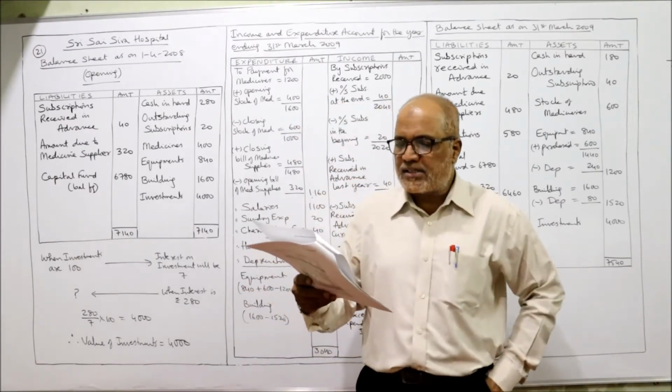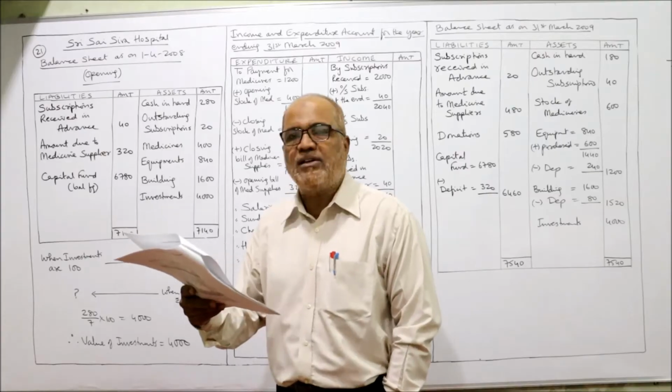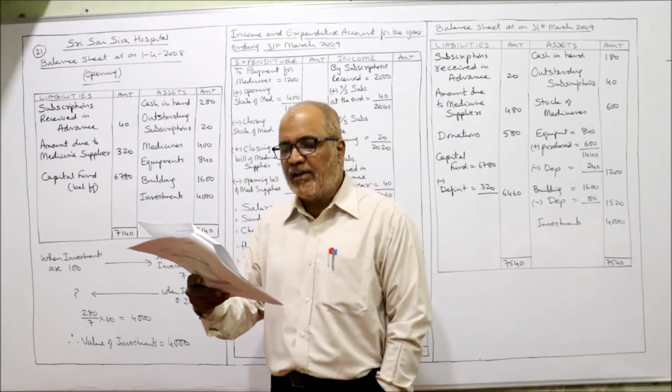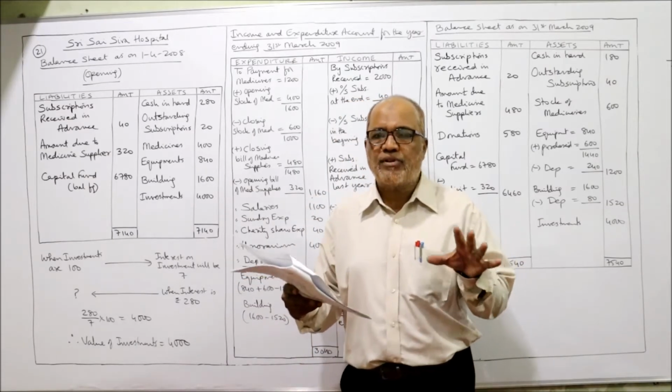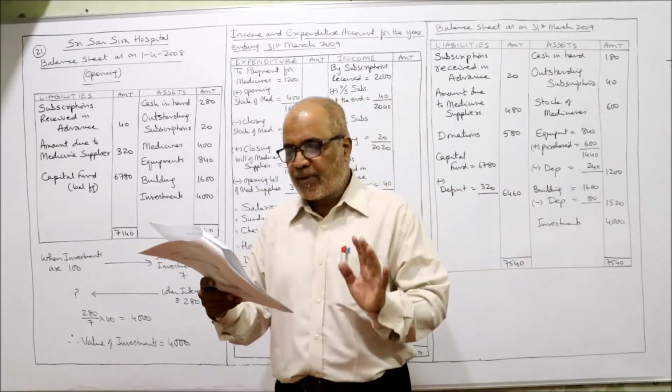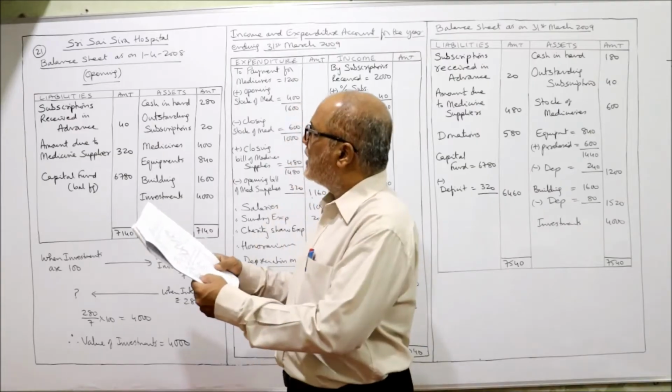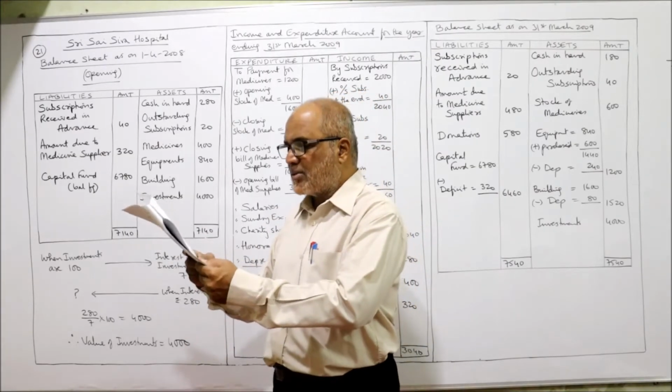A summary of the receipts and payments account of Sri Sai Siva Hospital for the year ended 31st March 2008 is given below. But there is a printing mistake there.